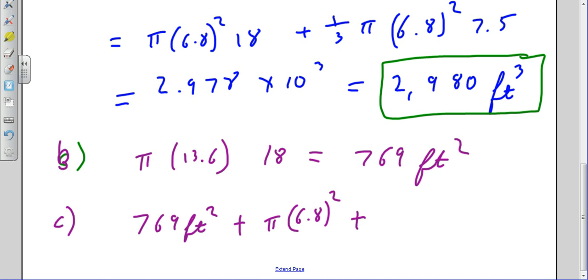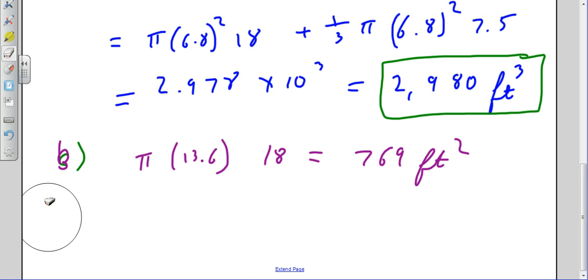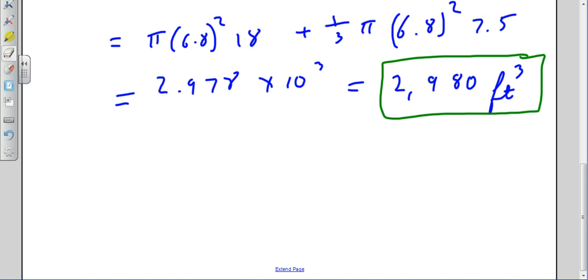Okay, well, I'm going to reconsider for a moment my answer to B. Lateral surface area should also include the cone.